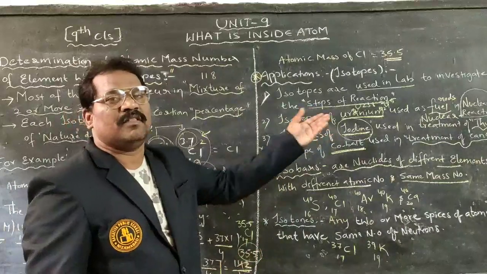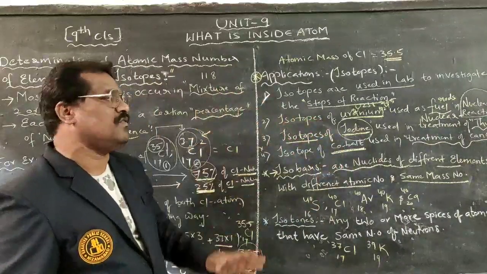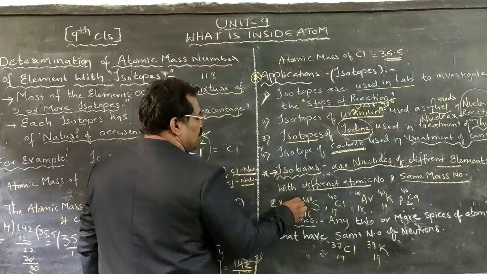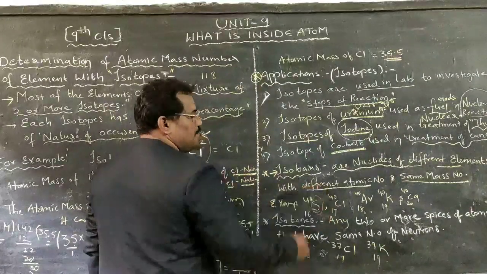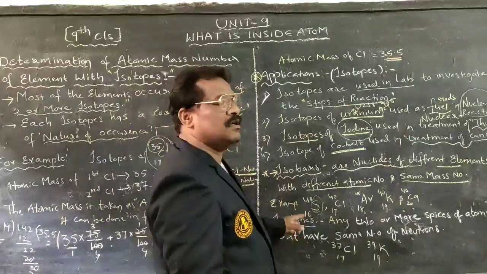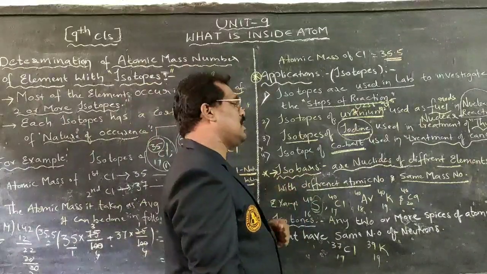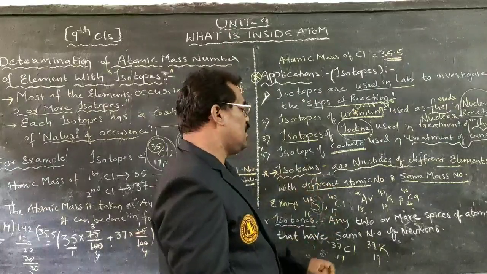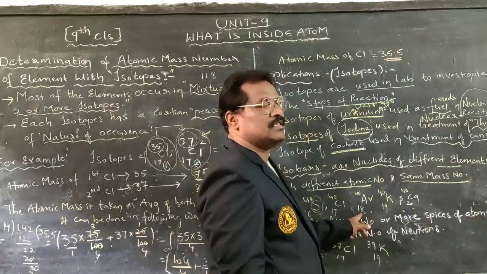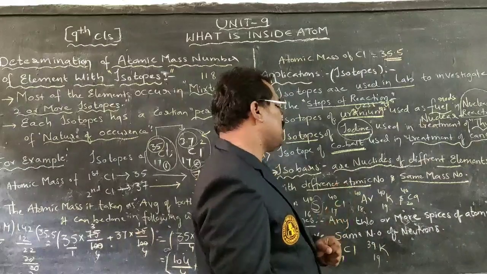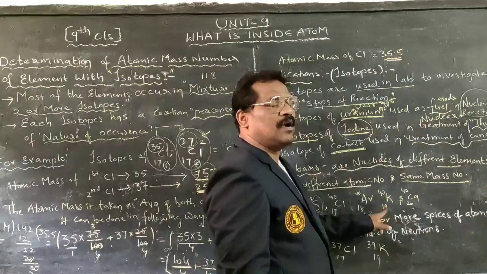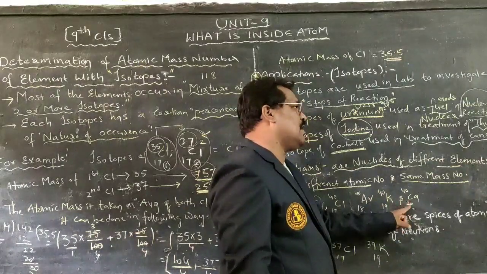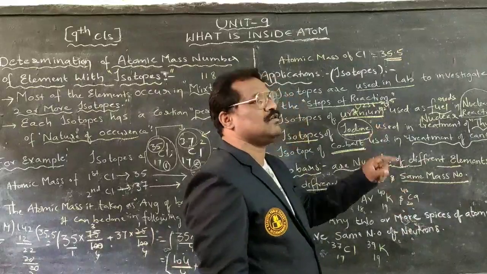Example: sulfur, whose atomic number is 16, mass number is 40. Chlorine, atomic number is 17, mass number is 40. Argon, atomic number is 18, mass number is 40. Potassium, atomic number is 19, atomic mass is 40. Calcium, atomic number is 20, atomic mass is equal to 40.